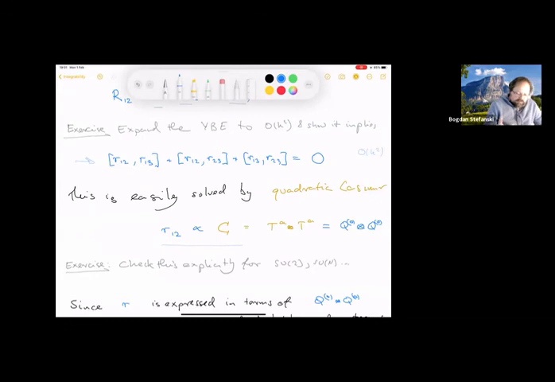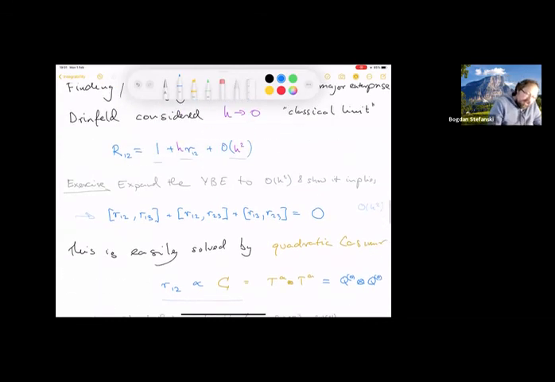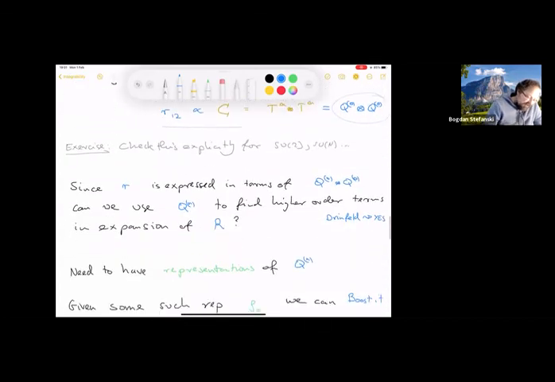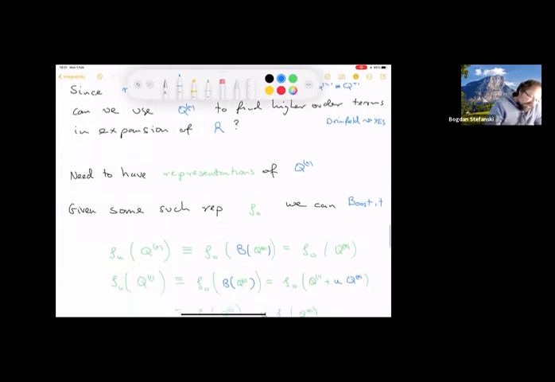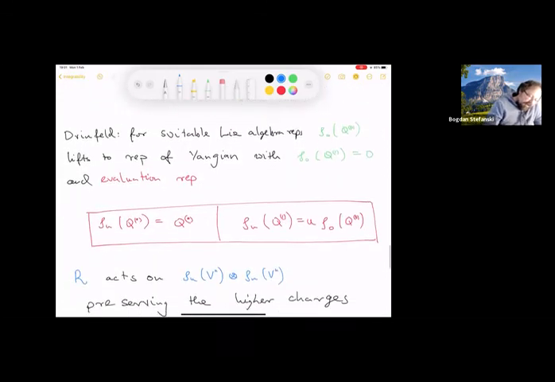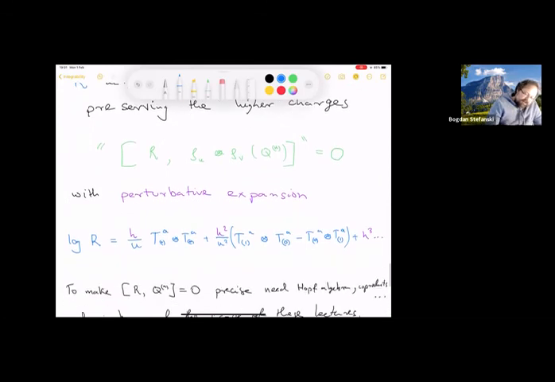And then he said, well, perhaps I can generalize this. Maybe I can write these higher corrections not just in terms of the local charges, but in terms of higher and higher charges. And so he wrote his famous papers in which he was able to show that the R matrix takes this form.